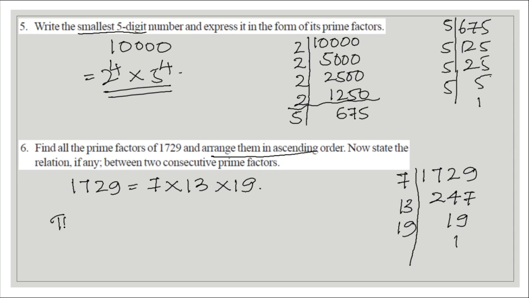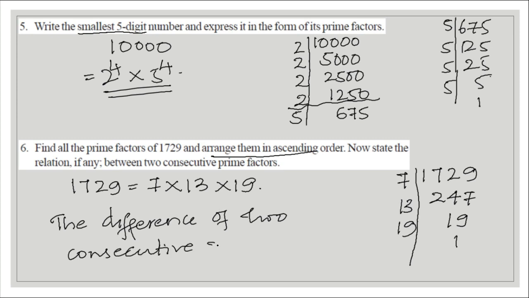So the relation is the difference of two consecutive prime factors is 6. Understood? They differ by 6.